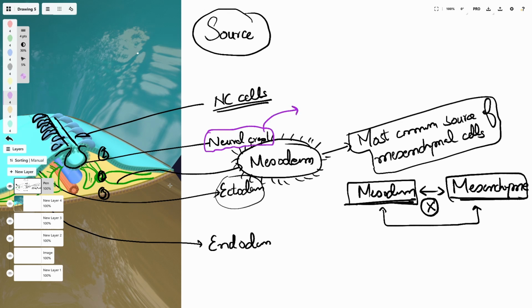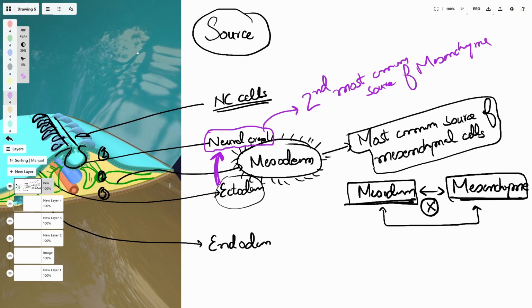And of course, as I've told you, neural crest cells are coming from ectoderm. So we can say ectoderm via the neural crest cells is the second most common source of mesenchyme, right?